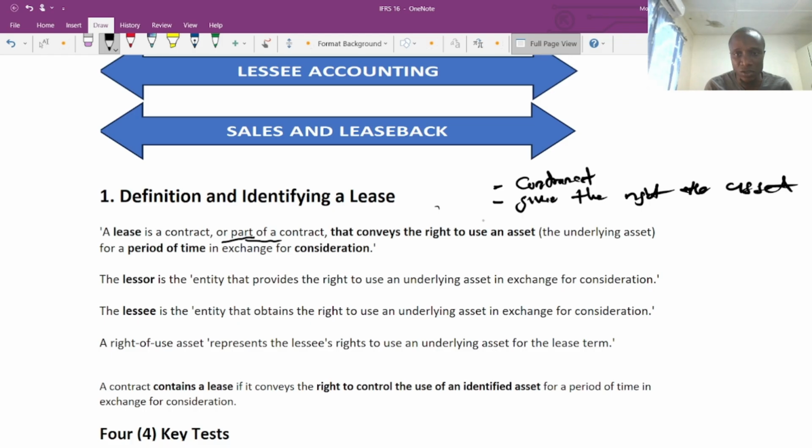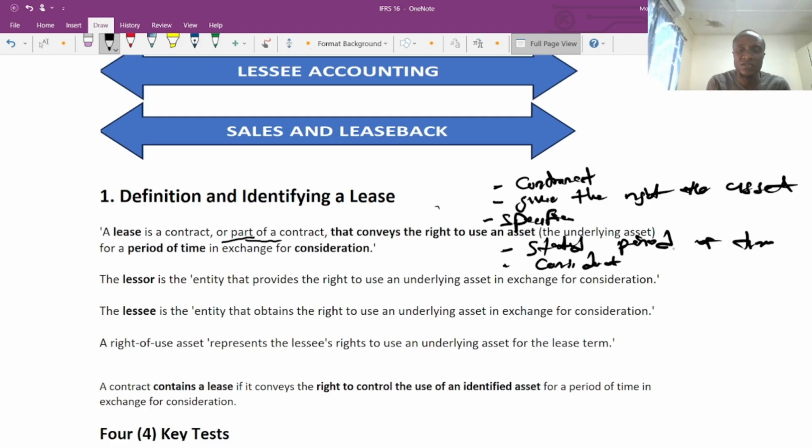Third condition, the asset should be unique and should be specific. Then also, the period of time should be clearly stated. Then finally, there should be a consideration which will be subject to the lease agreement.